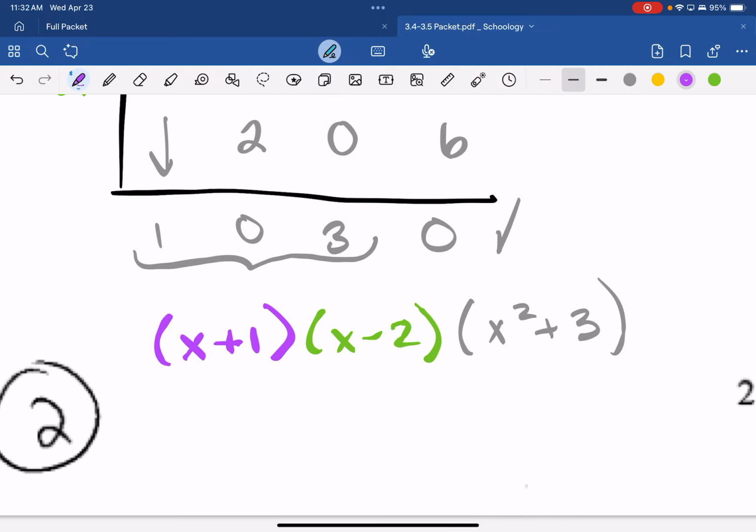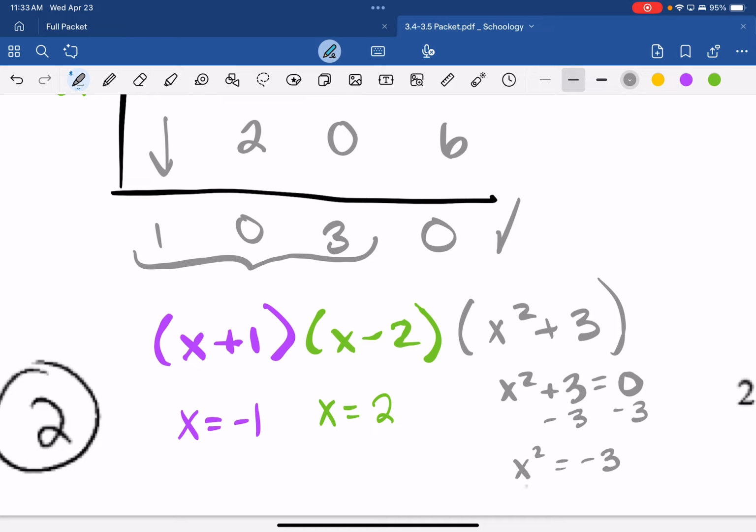Okay, again, our zeros are where it crosses the x-axis. So the first one, we already found that, -1. This one's a 2. The last one, again, we can't factor it, so we'd have to set it equal to 0. So we have x squared equals -3.